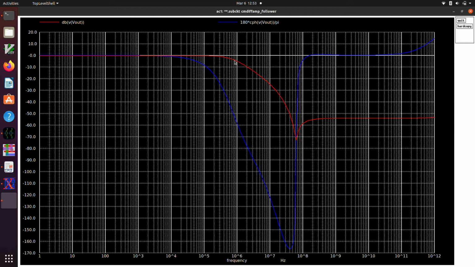And then we start rolling off, and it looks like maybe 20 dBs per decade until we get out to about here, and then it starts rolling off at a steeper rate, maybe 40 dBs per decade. And then we hit what appear to be two zeros because we're flattening out now. That may be this frequency here, a complex pair of zeros.